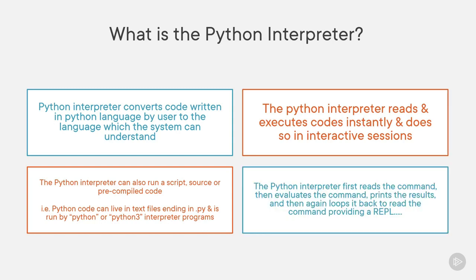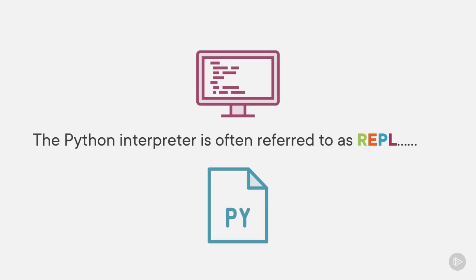What the Python interpreter is doing under the hood is reading the commands that are coming in, evaluating those commands, and then printing results if there are results to print. Then it goes back through and loops to see if there are more commands being provided to it. This is known as REPL.